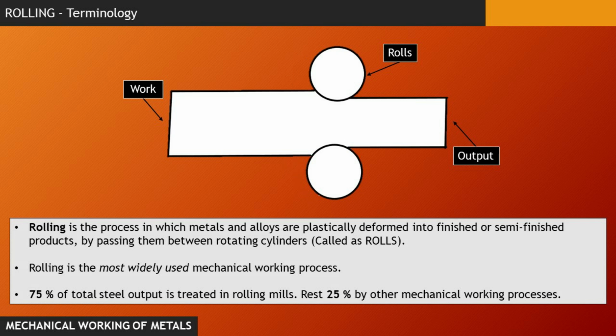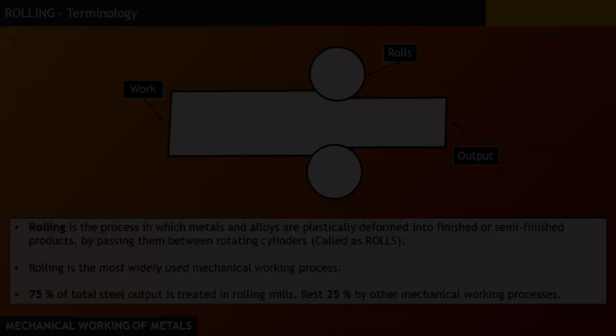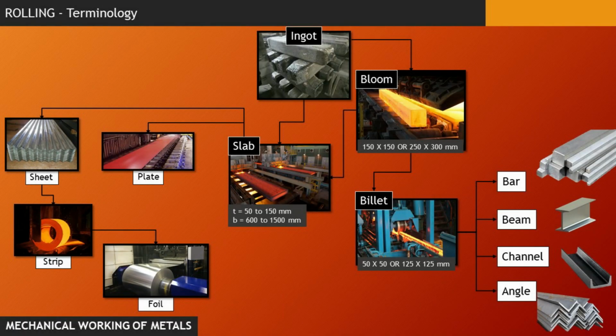Now, prior to understanding the rolling mechanism and the complete rolling process, there are certain terminologies regarding the raw material that is used in the rolling mill. The starting material is what we call a cast ingot, out of which all the other raw materials are made.